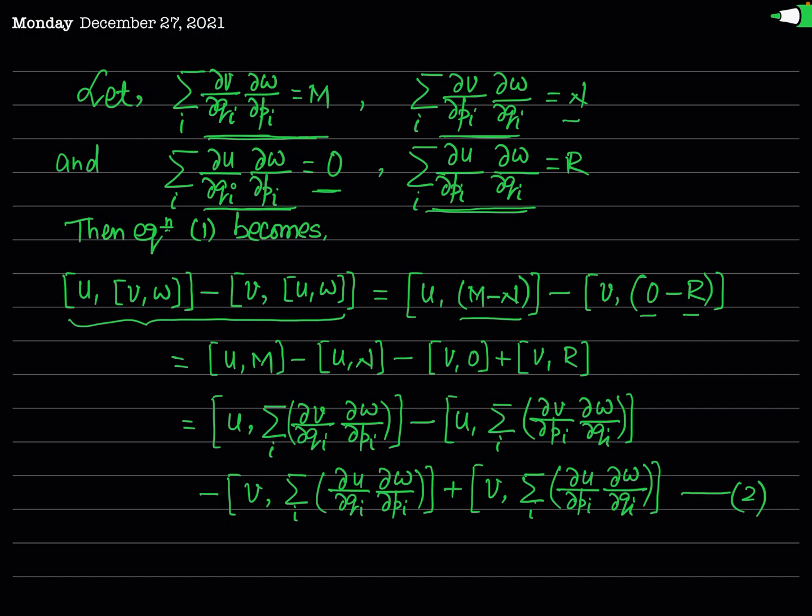Now, by using the property of Poisson bracket which you have studied in the previous lecture, you can easily write what the Poisson bracket of U with M minus N will be.